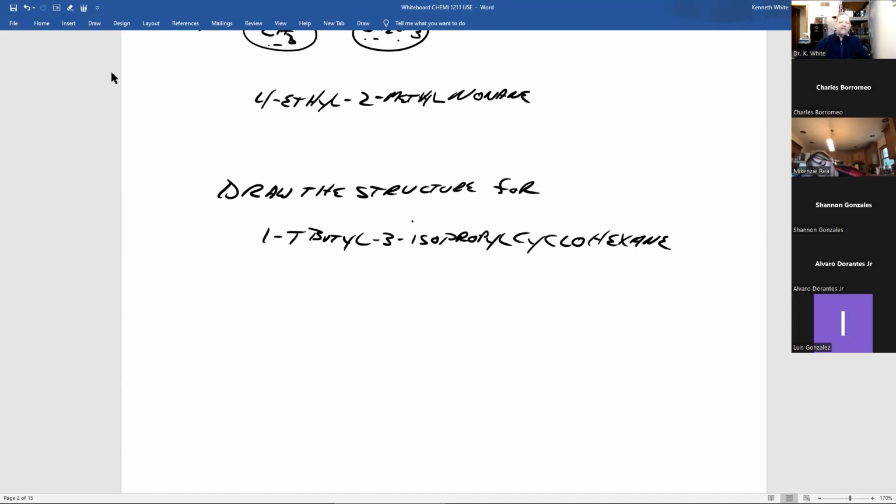There you go. 1-t-butyl-3-isopropylcyclohexane.